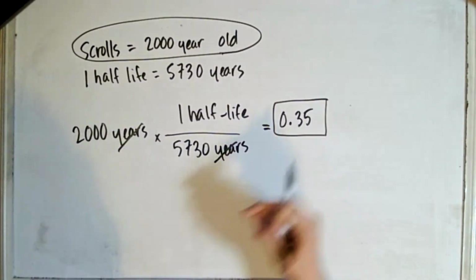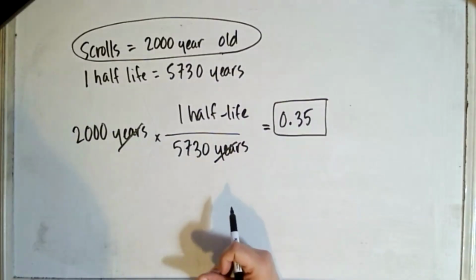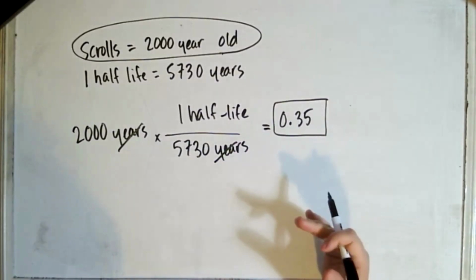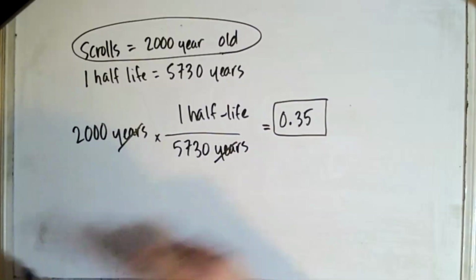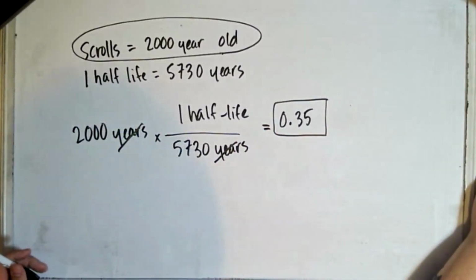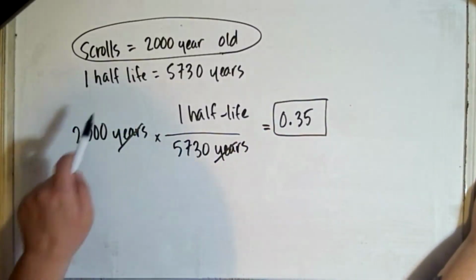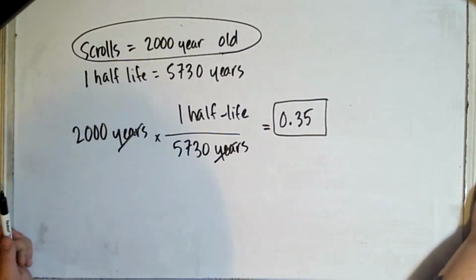Okay. You can turn that decimal into a percentage by multiplying it by 100. You could say that 35% of the half-life has passed. All right, but we just use our equality to figure this out. Let's look at the next one.